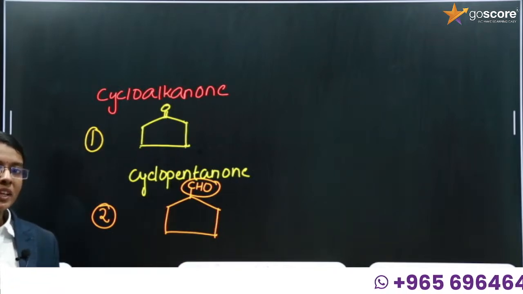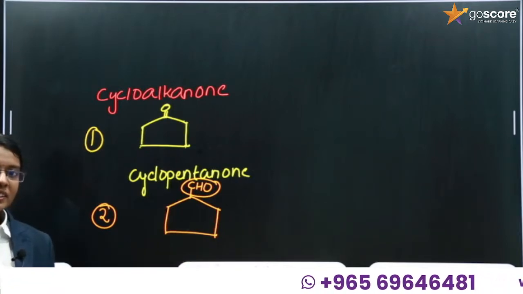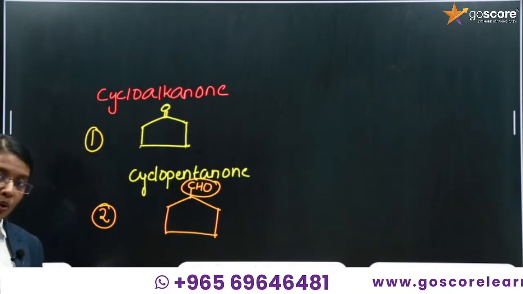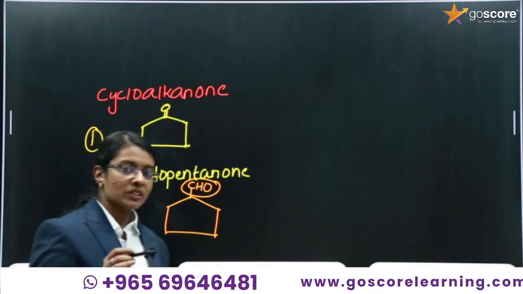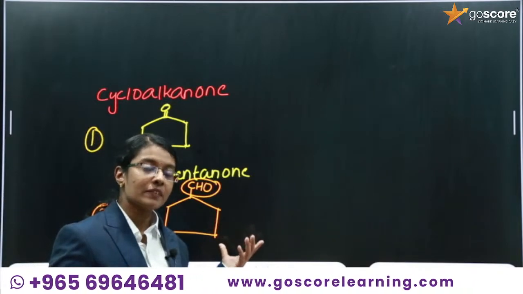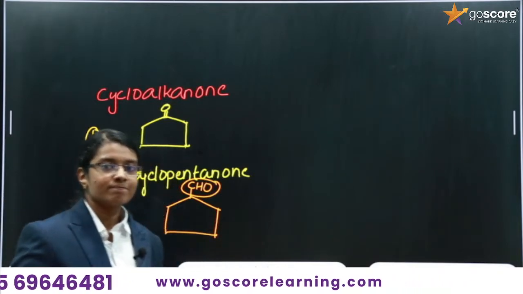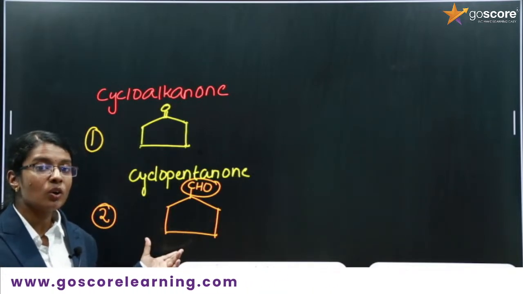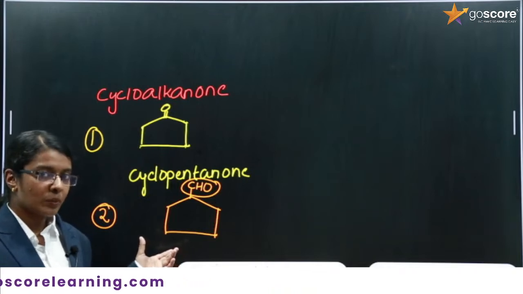What will be the IUPAC name of this alicyclic aldehyde? It is cycloalkane carbaldehyde.